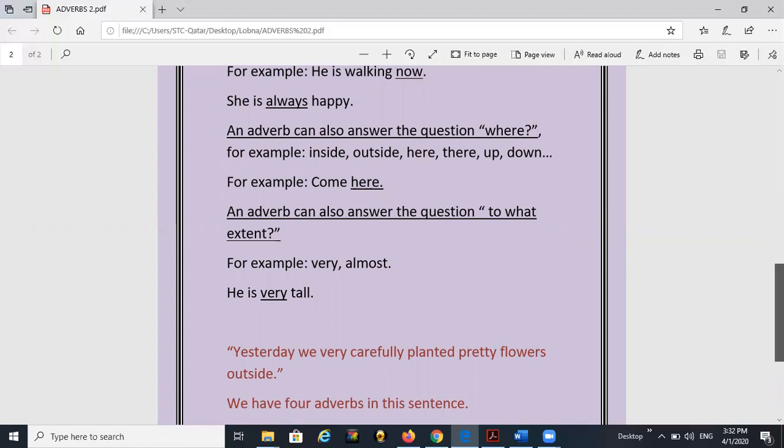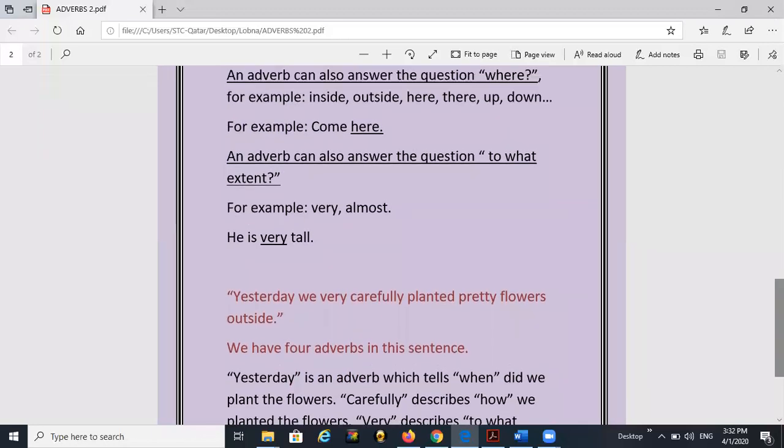The word yesterday is an adverb which tells when did we plant the flowers. So it is answering the question when. It is yesterday. So yesterday is an adverb which tells when did we plant the flowers.